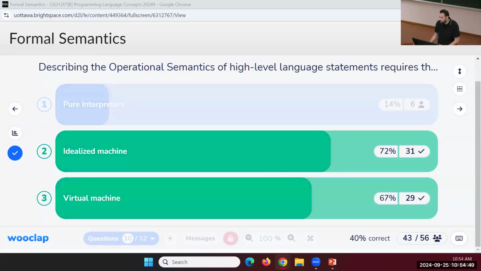Both of them are the same, guys. Of course. Pure interpreter, we said it's not a good idea. Why? Who can remind me why it's not a good idea to have just a pure interpreter? Catherine. When you're describing your semantics, you're going to also describe the hardware specification without meaning to. So it's going to be more related to a hardware or operating system specific thing.